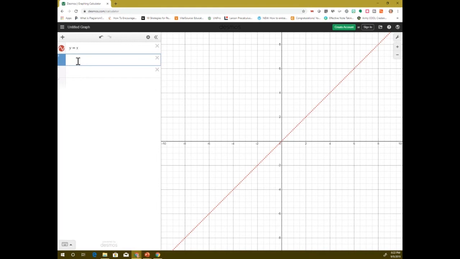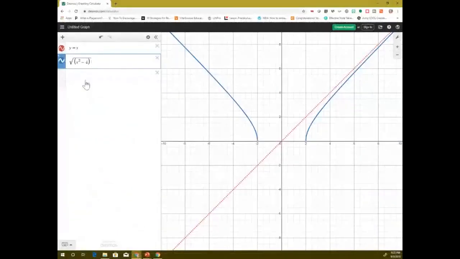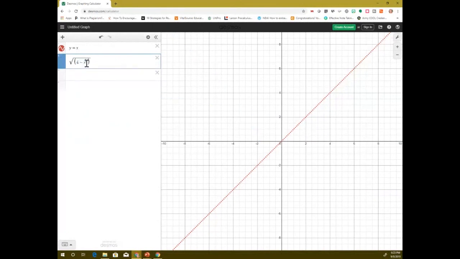Okay, so our graph, we had the square root of 4 minus x squared. Let me just double check. Okay, it'd help if I had those reversed. Square root of 4 minus x squared.